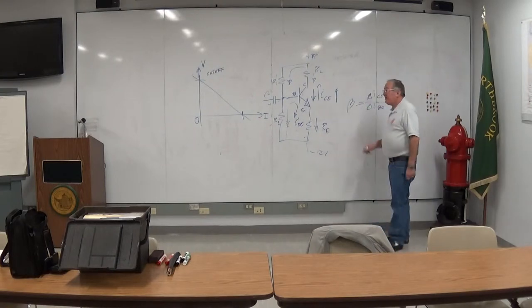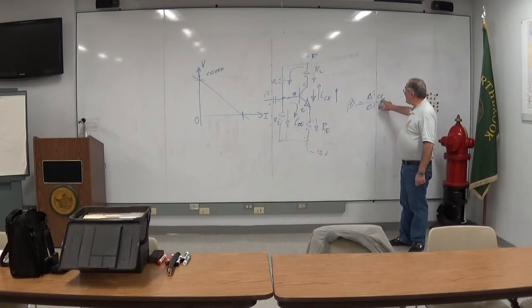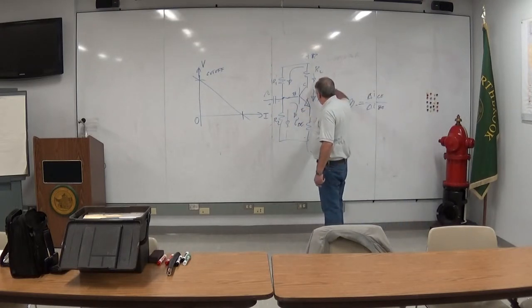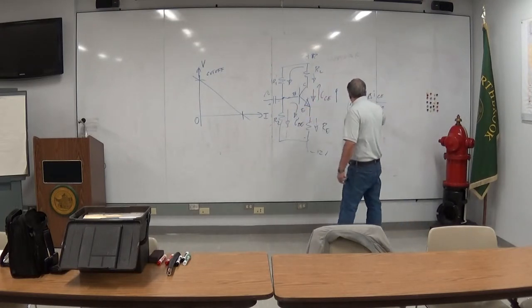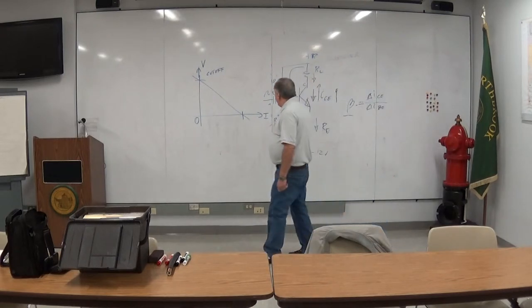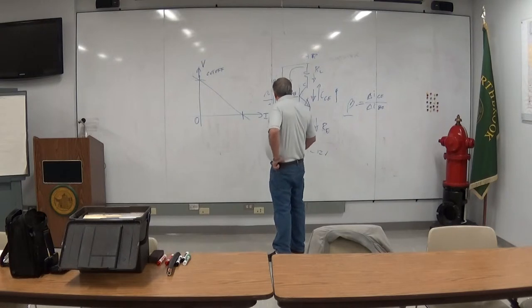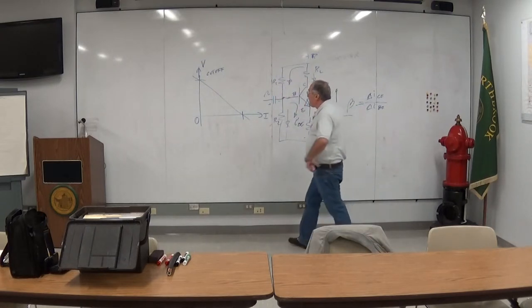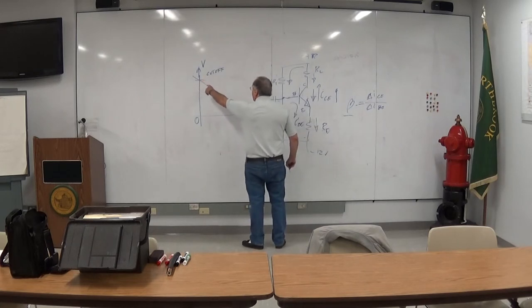It's the amplification factor. How much this output changes relative to this path here, how much this path is affected by this path, is really where your gain comes from. That's your amplification factor.